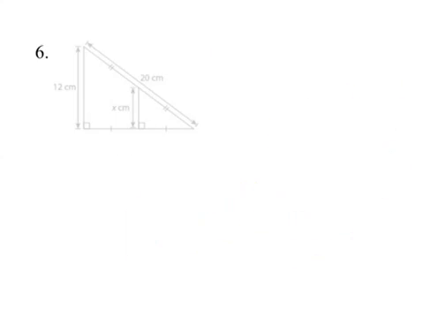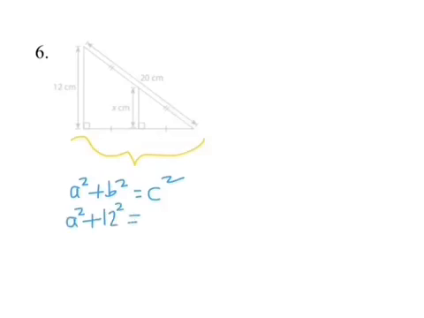For question 6, we're going to find the value of x. I can see that this is a big right triangle with a little right triangle inside. So I would want to find this leg first. So I will use a squared plus the leg of 12 squared equals the hypotenuse of 20 squared. 12 squared is 144 and 20 squared is 400.